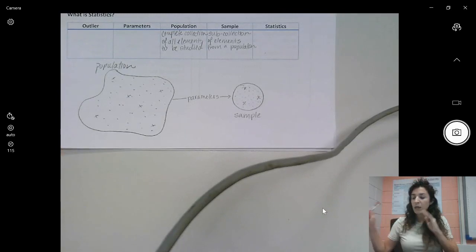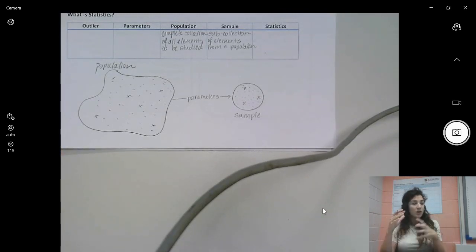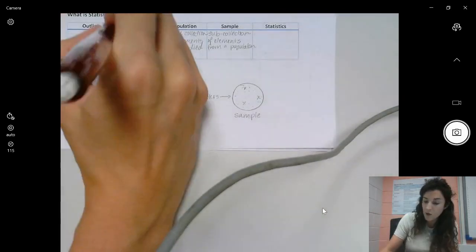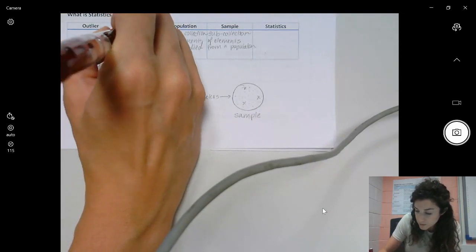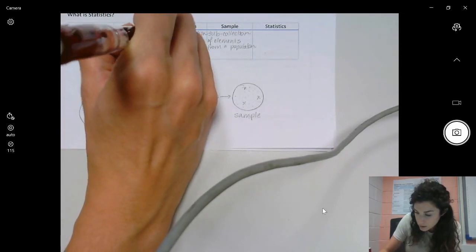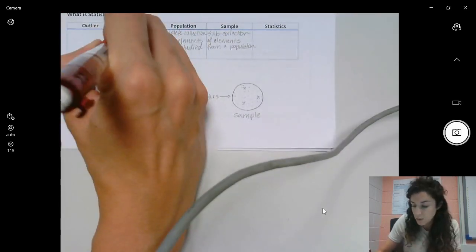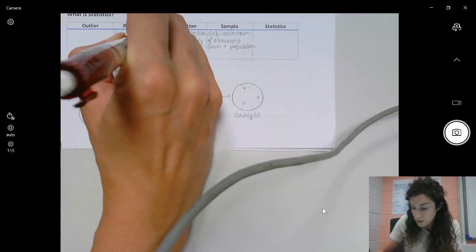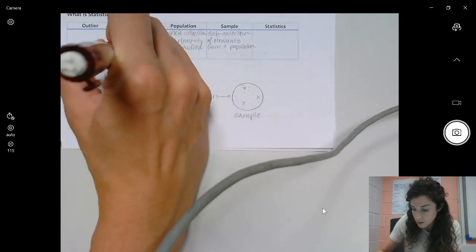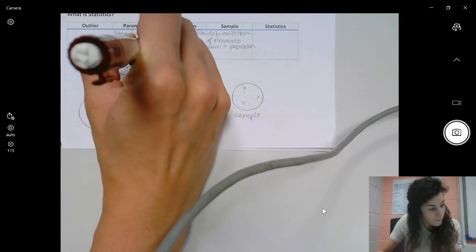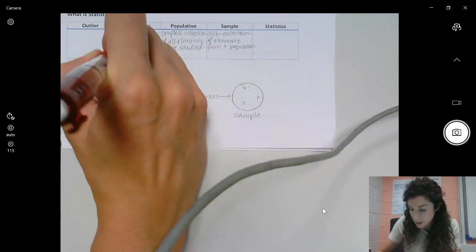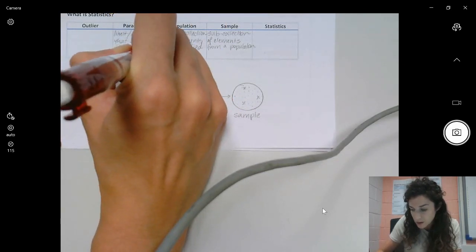we first have to think about what our parameters are. So the parameters are the limit or the boundary that describes the scope of the process that we're going to go through. Right?